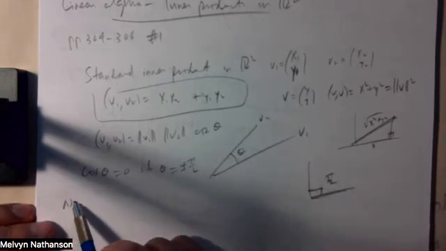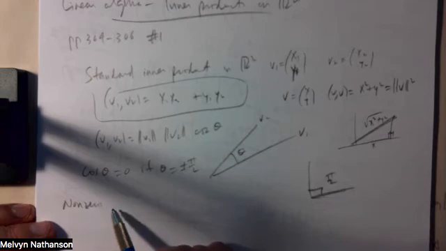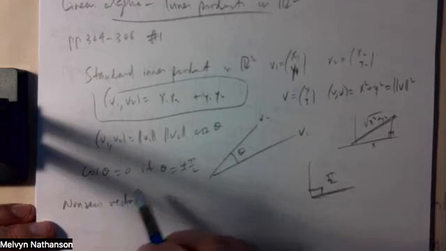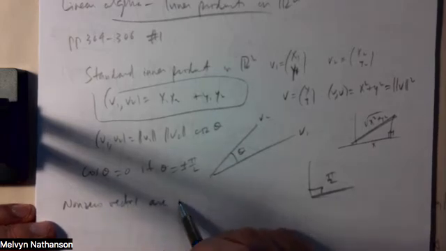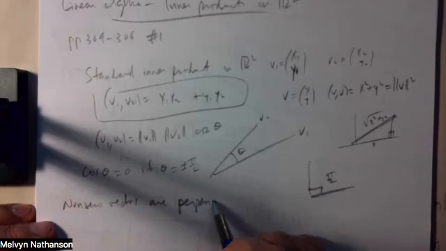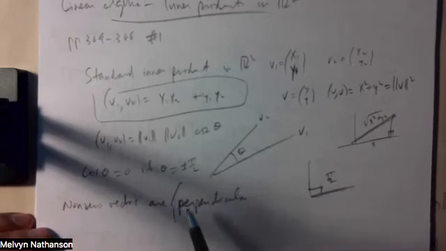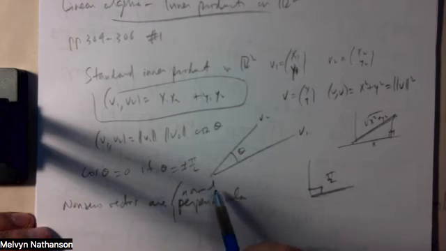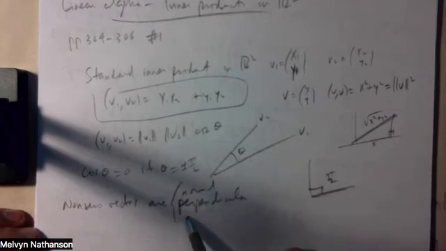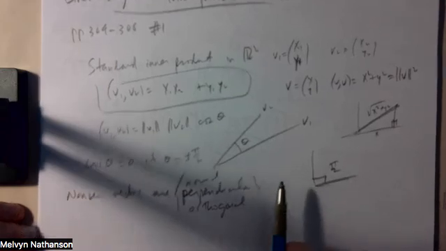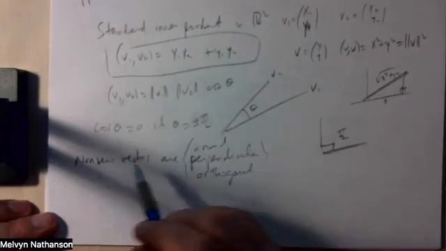So non-zero vectors are perpendicular. And again, in mathematics, sometimes someone says normal. It's a synonym for perpendicular, or orthogonal, which is another synonym for perpendicular.